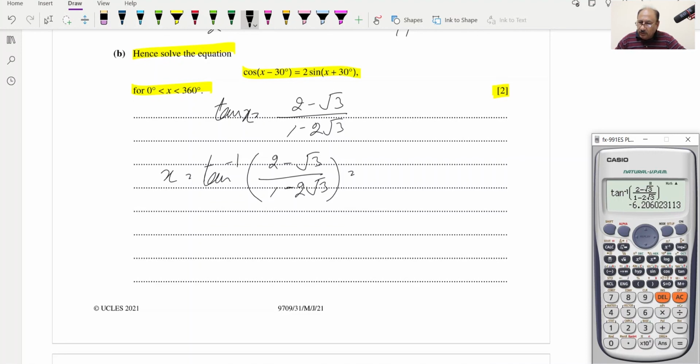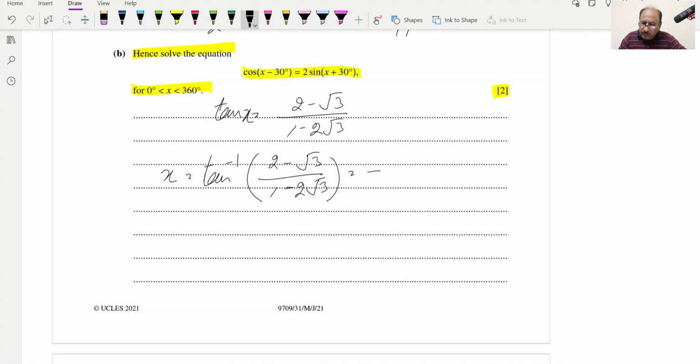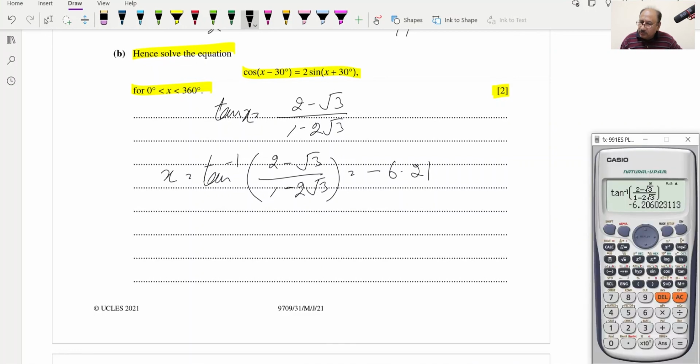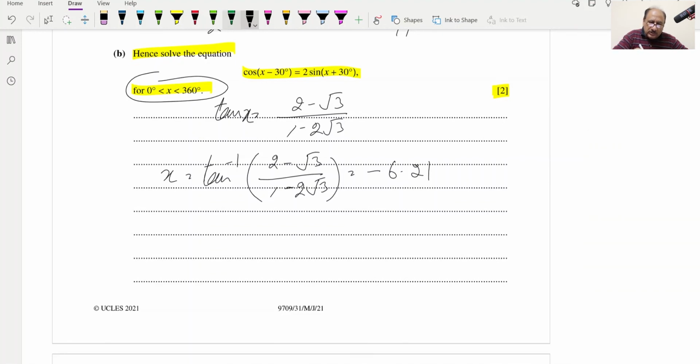This equals minus 6.21. Yes, so this will be the x value. Now our range is from 0 to 360, so we cannot take this value directly.